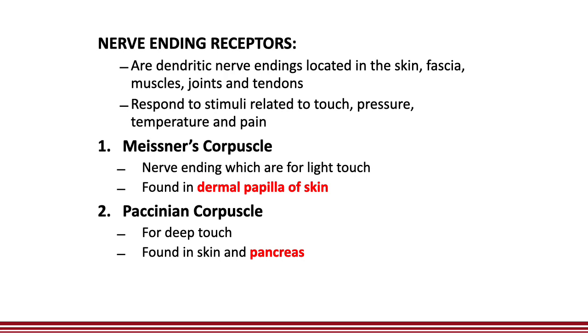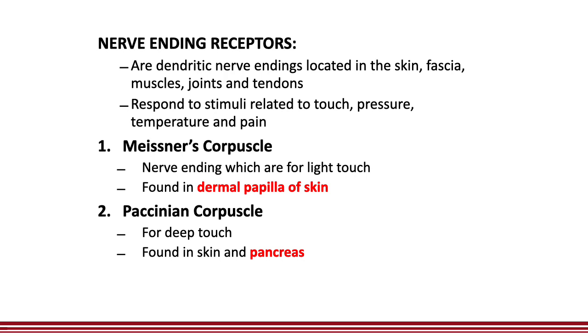Nerve endings are specialized structures located at the distal end of nerve fibers, where they communicate with other cells or with the environment, like the skin, the fascia, the muscles, joints, and the tendons. And they contain receptors that are specialized proteins that detect specific types of stimuli, such as pressure, temperature, pain, or chemicals. There are several different types of nerve endings and receptors.